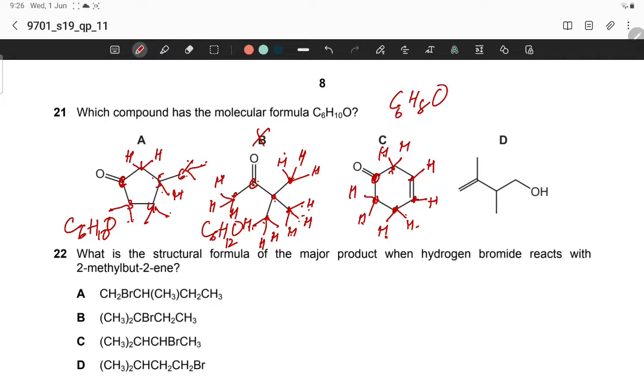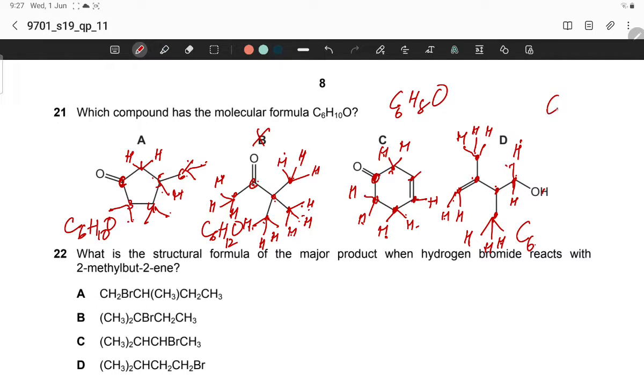And 1 2 3 4 5 6, C6 H, 2 hydrogen atoms, so 1 2 3 4 5 6 7 8 9 10 11.